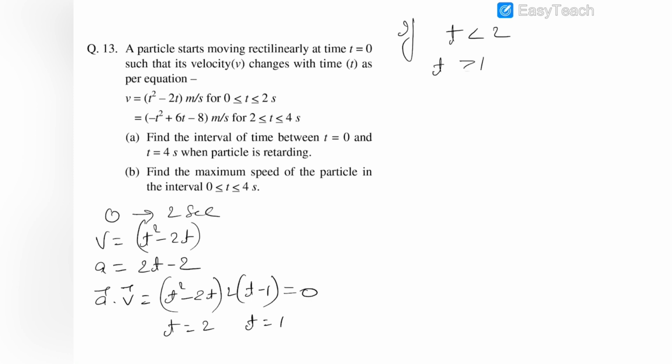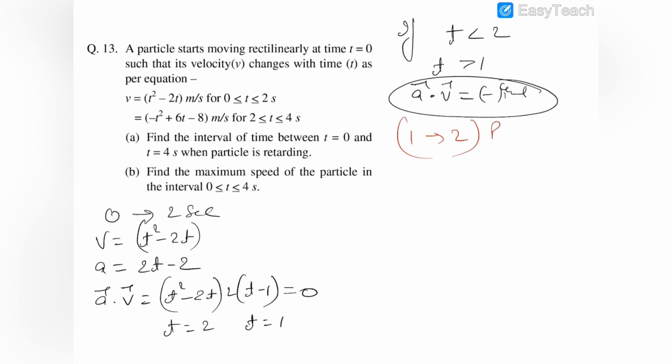then this term a dot v would be negative, because this term would be negative and this term would be positive. So a dot v would be negative. So this is a retarding motion. So the retardation period is from 1 to 2.